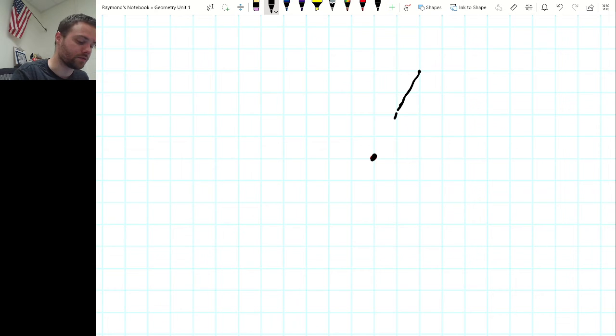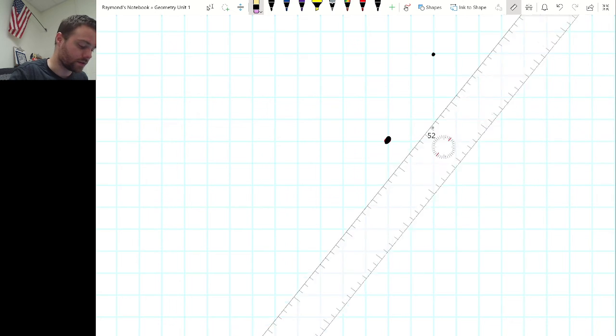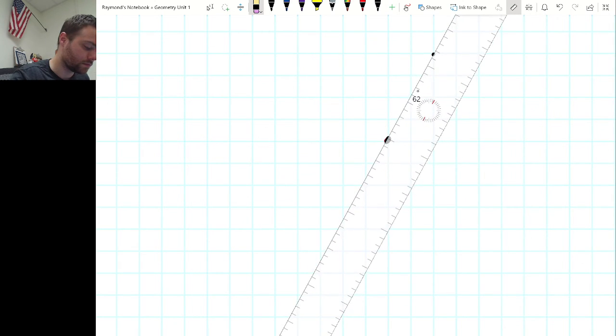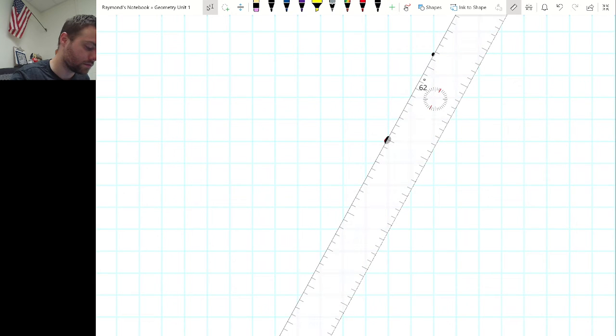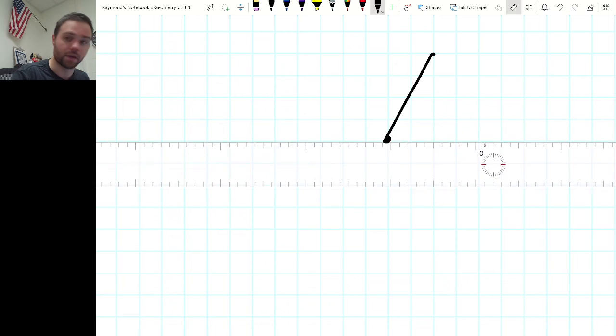And maybe I should try doing the ruler so it looks neater for you guys. I'm so sorry. This thing's very confused. So I'm going to do that and draw that. That is looking a lot prettier.